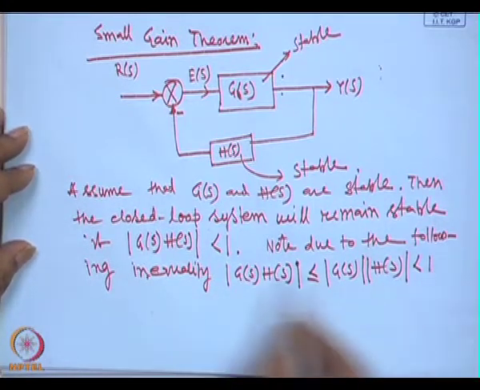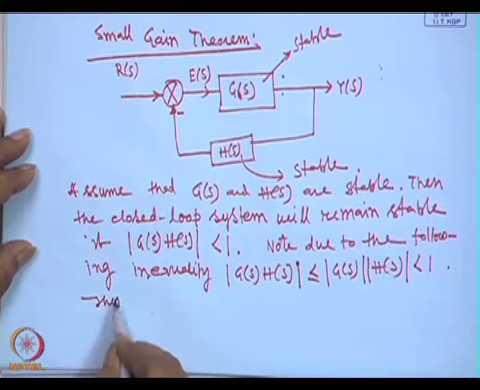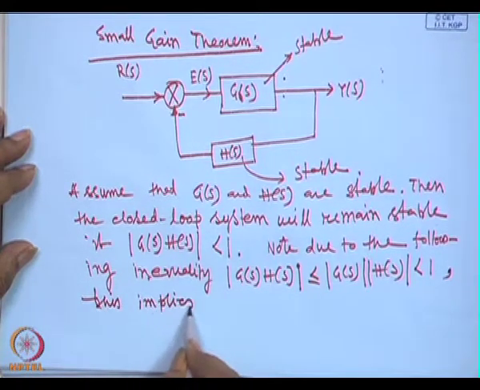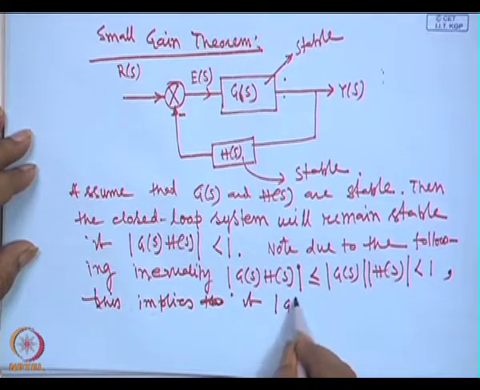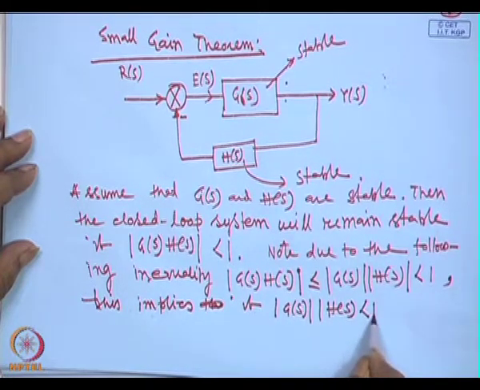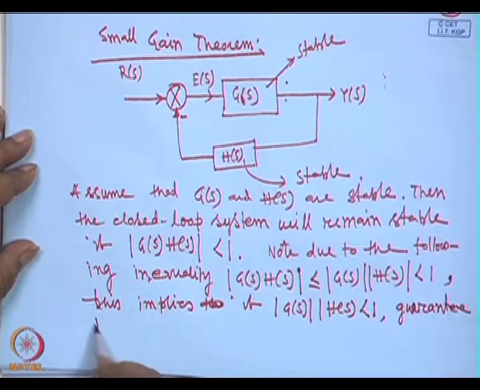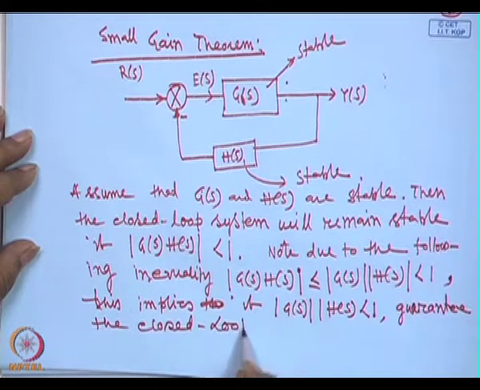So, this implies that if the magnitude of G(s)H(s) is less than 1, it guarantees the closed loop system is internally stable.